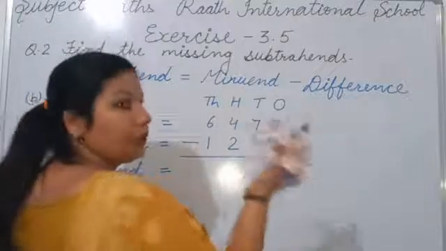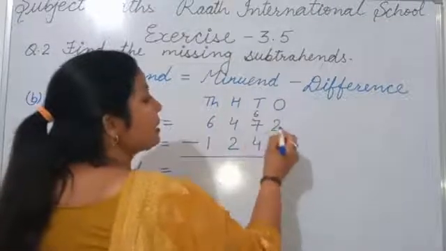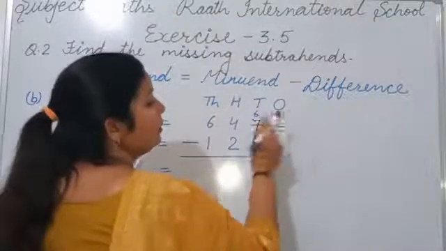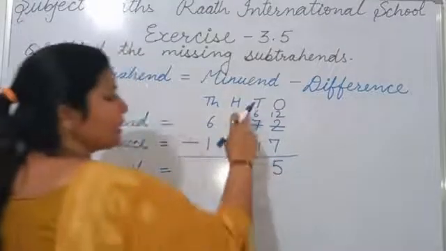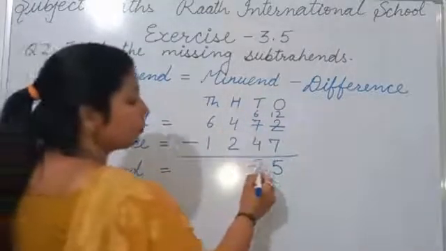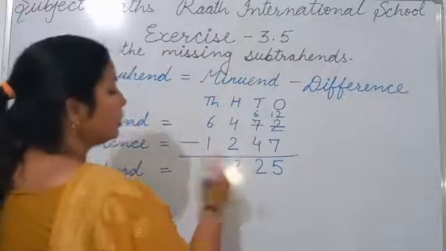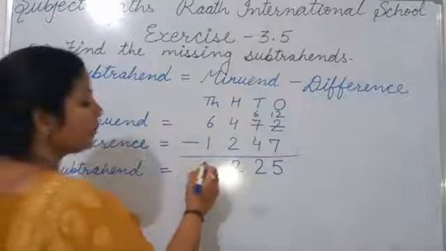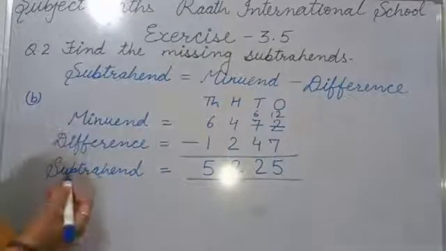No. So in that condition we will take borrowing. So there will be 6 and there is 12. Now 12 minus 7, 5. And 6 minus 4 is 2. Okay. Now 4 minus 2, 2. And 6 minus 1, 5. Okay. So this is our subtrahend.